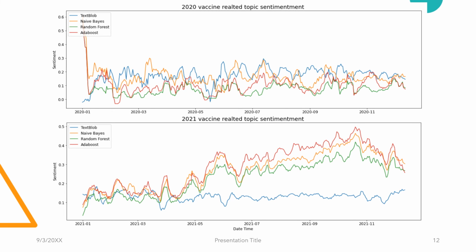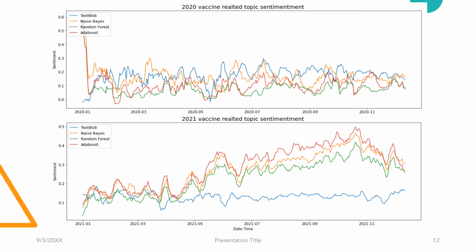Here are the 4 different methods of sentiment score movement across 2020 and 2021. We could see that in 2020, the vaccine-related sentiment is bouncing in a low range of 0 to 0.3.